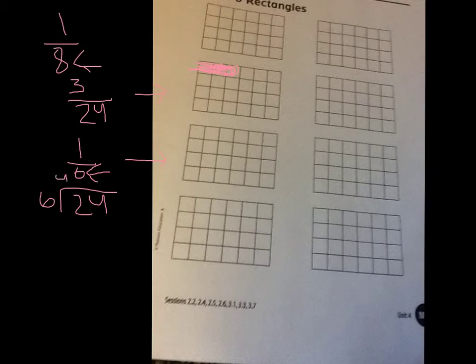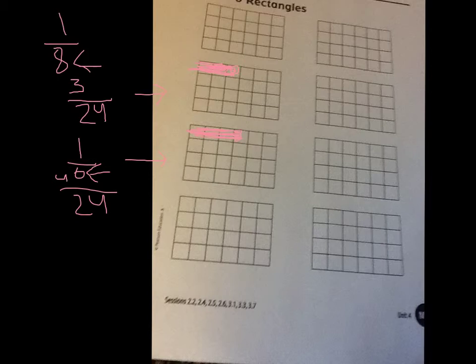And then we can erase that, and we have 4 over 24. So now we can shade in 4 squares right here, and now we have 1/6.